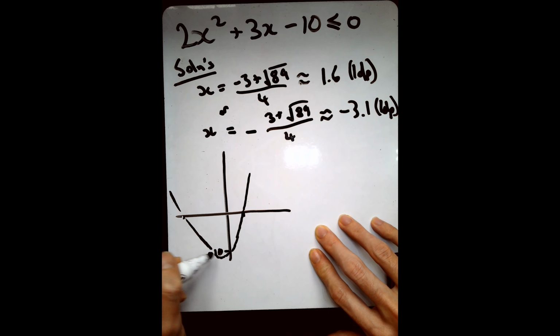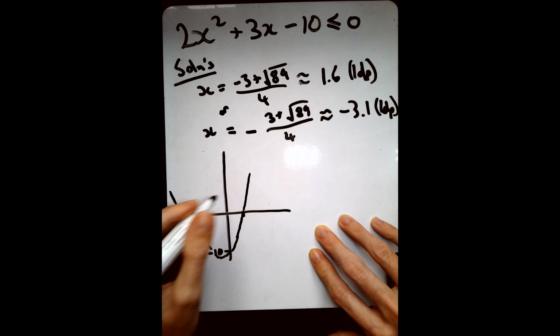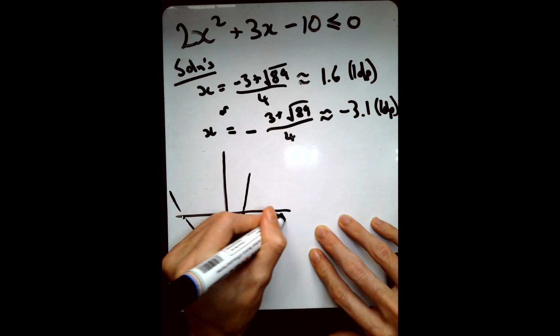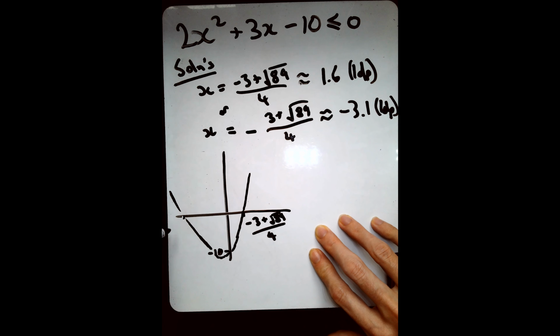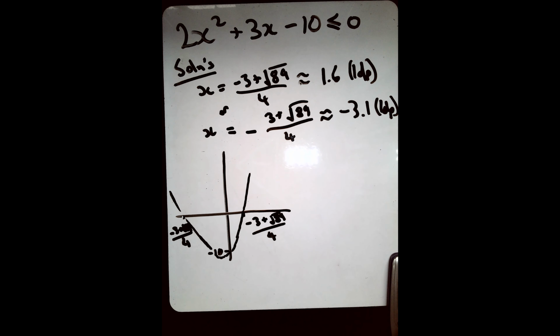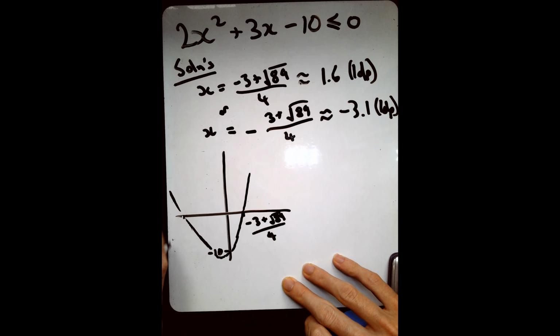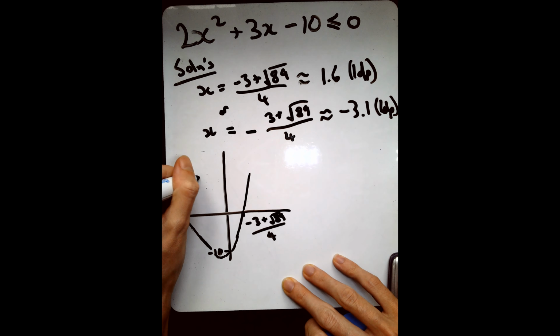Now, this doesn't need to be perfect, just needs to be a sketch. I'll just mark on those 2 points. I'll do it up here actually. Negative 3 plus root 89 over 4.